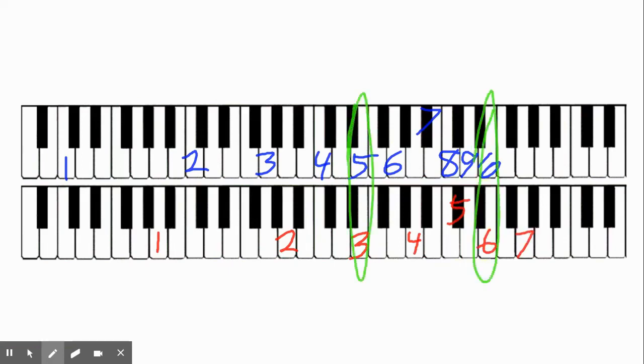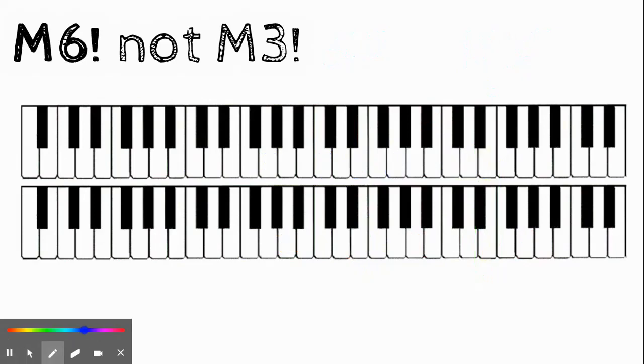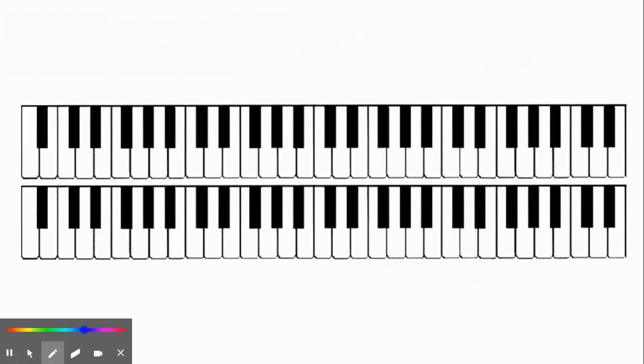So if I were to tune this major 6th and put the partials that meet at B in unison, I would have a 5/3 major sixth. If I were to tune it so the partials at this E lined up in unison, I would have a 10/6 major sixth.